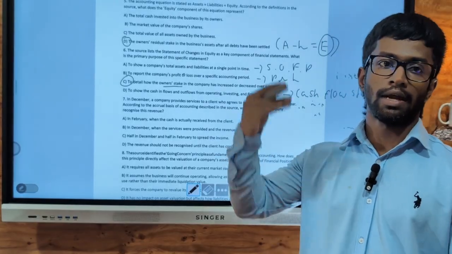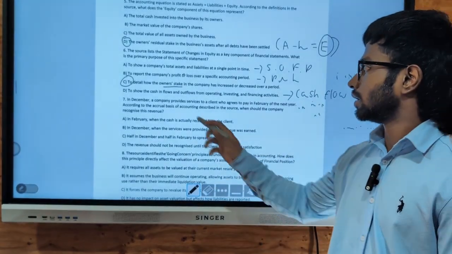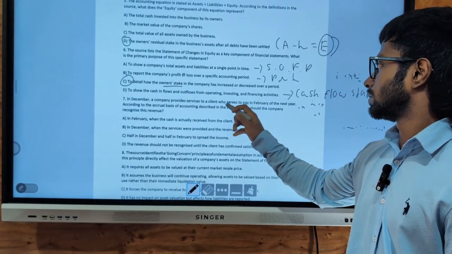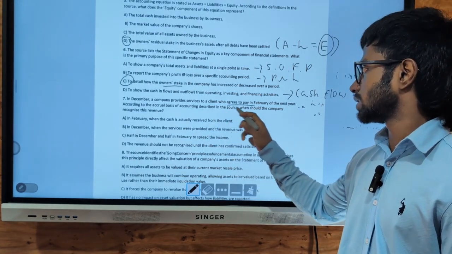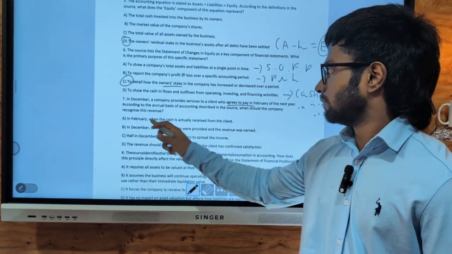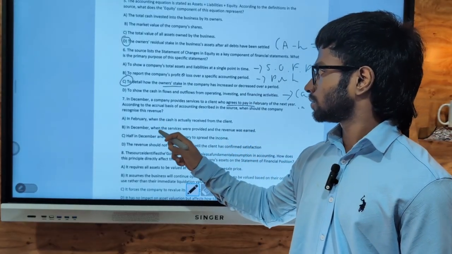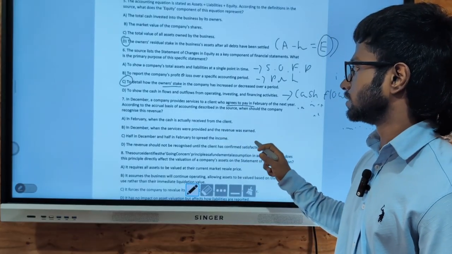Maybe it doesn't matter whether he has paid us or not. Now, if you take the company provides the services to client who agrees to pay in Feb, in next year, according to accrual basis of accounting described source. In Feb, when the cash is actually received from the client. In December, when the service was provided and the revenue was earned.